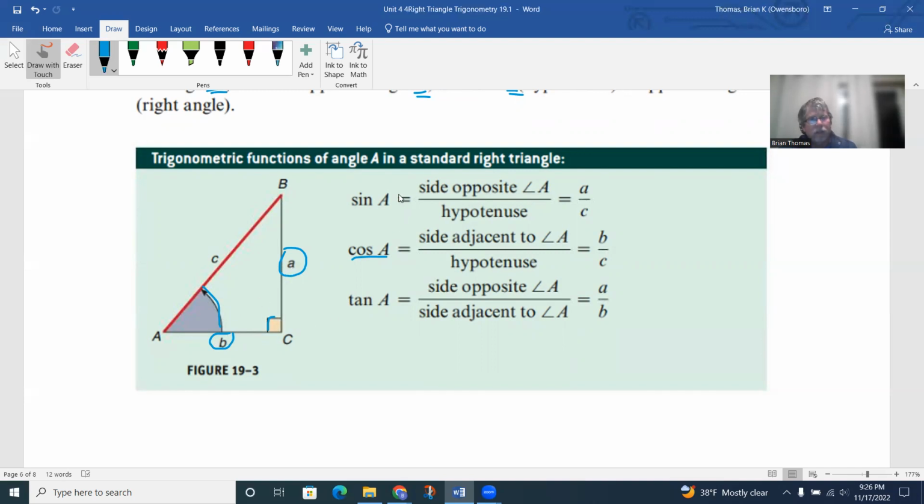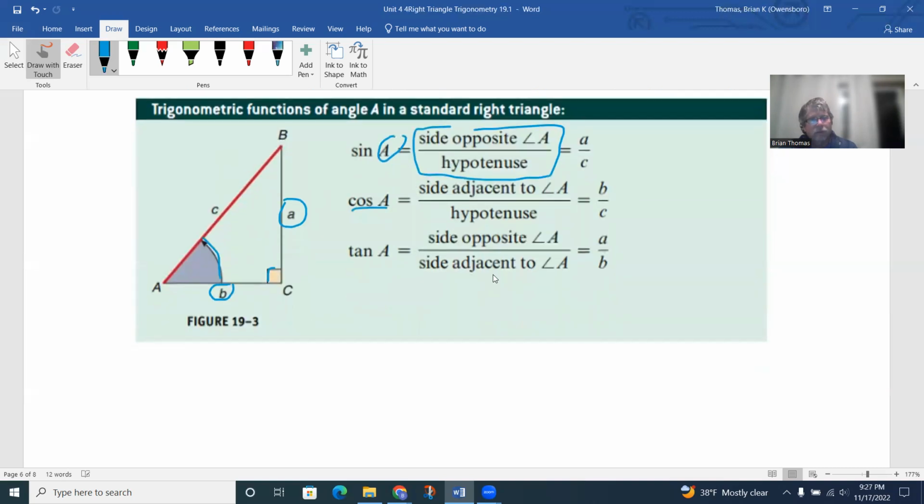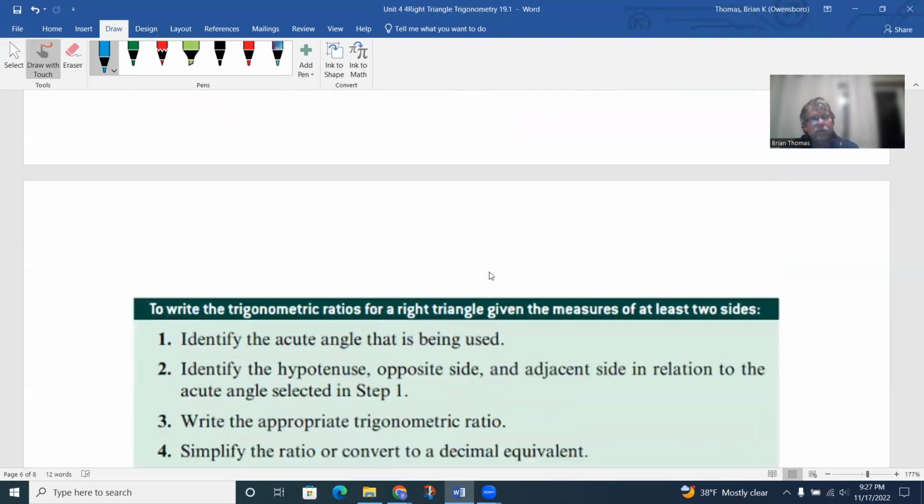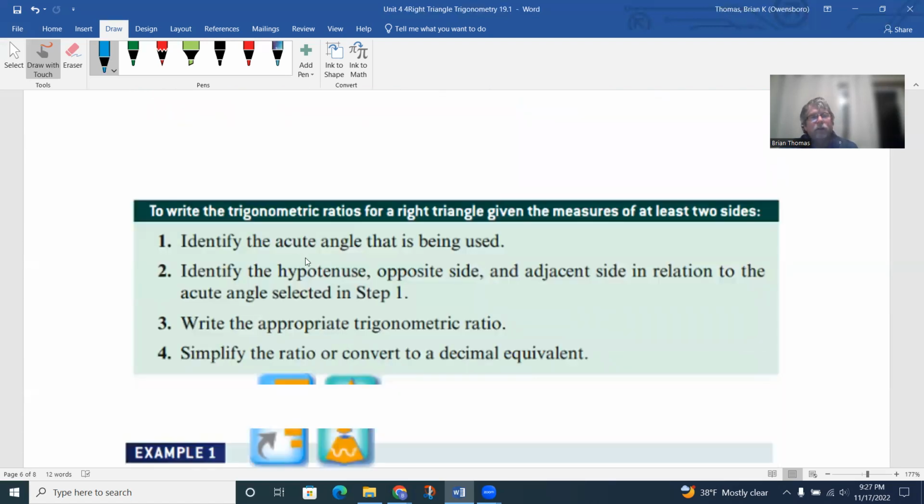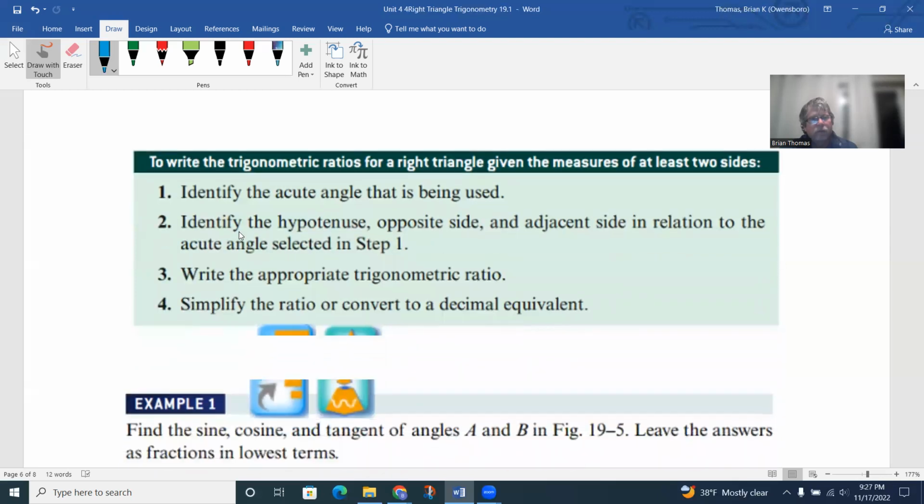Again, A refers to that acute angle. So you're taking the sine of an angle, and over here, it's going to be a ratio of the sides. To write trigonometric ratios for a right triangle, given the measure, we have to know at least two sides. We can do that. So identify the acute angle to start with.